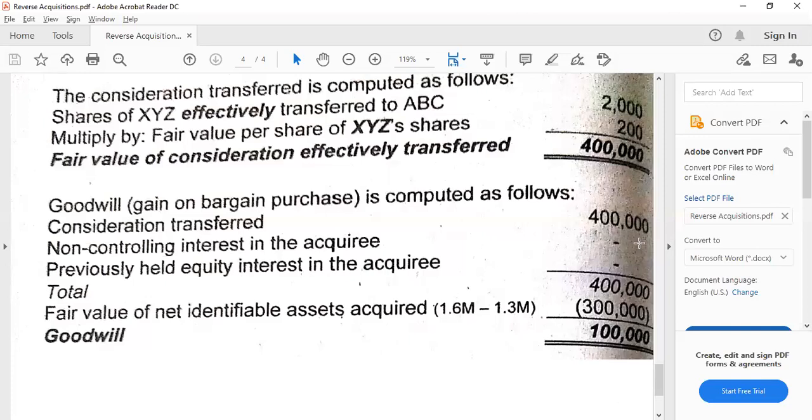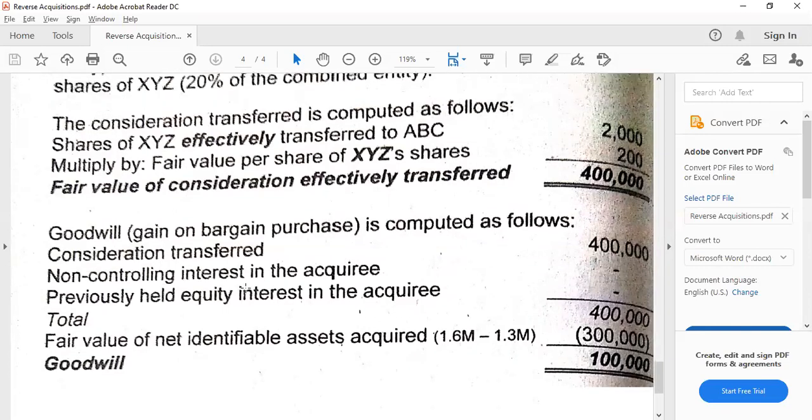One question that could be asked here is, why is it that there is no NCI? Remember, that's 80% of the identifiable net assets of the acquiree, accounting wise, that is again the public company. Well, as said a while ago in our discussions, there's no actual movement of any consideration like cash or non-cash. This is just a matter of as if there is something being transferred consideration wise.